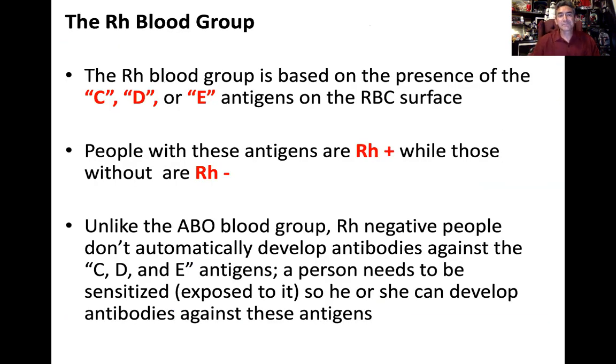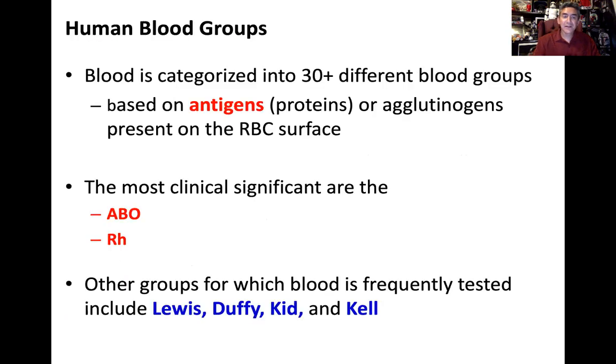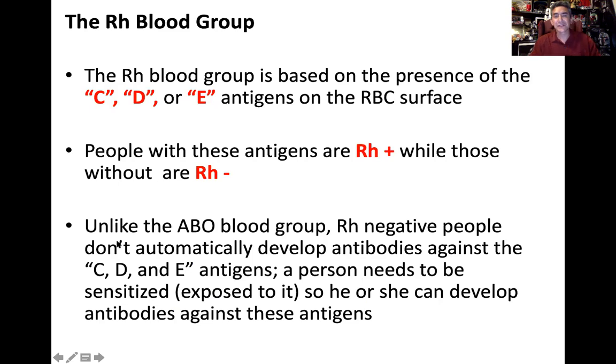So again, when we look at the ABO system, I hope you're okay with that. Then we look now at the RH factor, the rhesus factor, right? The rhesus factor was first discovered in rhesus monkeys, and they then extrapolated the information over to humans. So the RH blood group is based on the presence of the C, D, or E antigens.